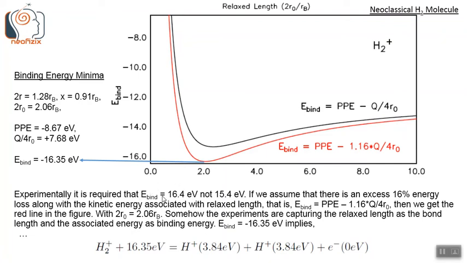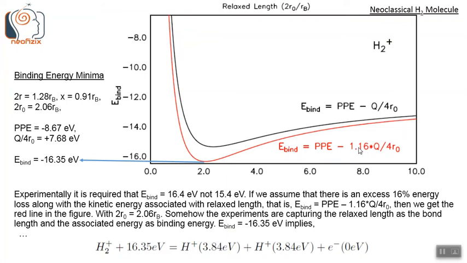Experimentally, it is required that the binding energy be equal to 16.4 electron volt and not 15.4 electron volt as we saw in the previous slide. So if we assume that there is an excess 16% energy loss along with the kinetic energy associated with the relaxed length, that is, we redefine the binding energy E bind as E bind equals PPE minus 1.16 into q by 4 r naught. Initially, in this black line, we just used q by 4 r naught.